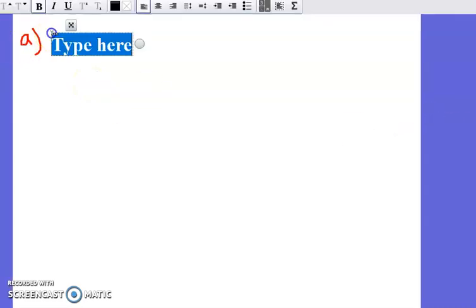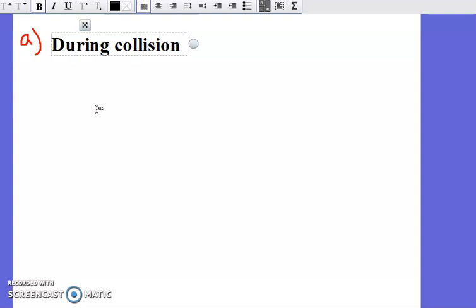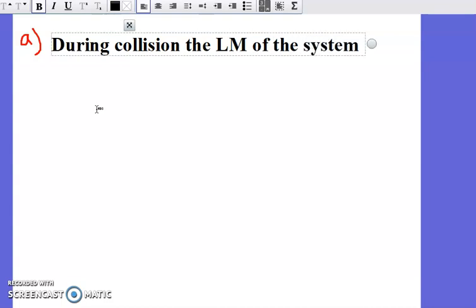As I said before, during collision, the linear momentum of a system is conserved. Let me write it here. You can directly write it. So during collision, the linear momentum of the system is conserved.